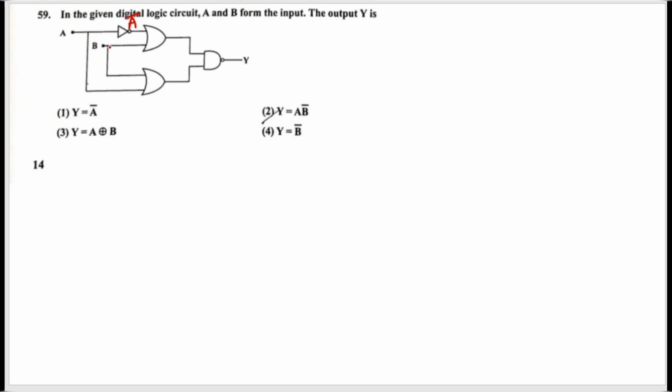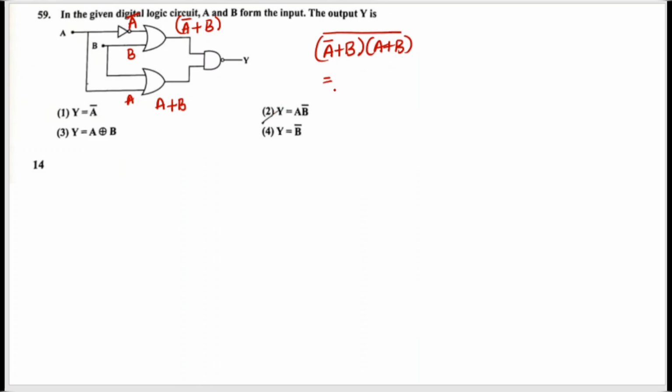Here it will be B. So the OR operation is present here, so the solution will be A bar plus B. Here B and here directly A, so the OR operation again will be A plus B. Now this is connected to the AND gate, so it will be A bar plus B into A plus B. Again we have one NOT gate, so it will be whole bar.